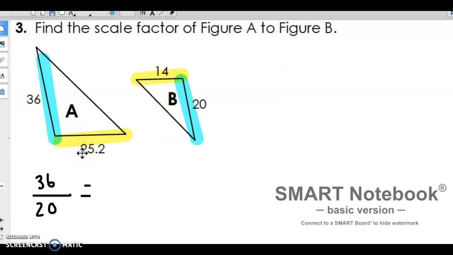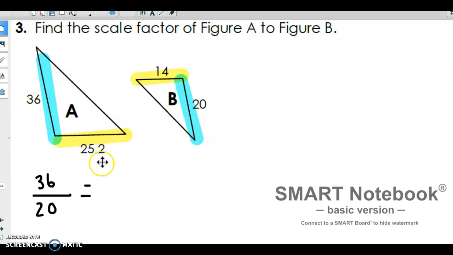Alright, so this one says, find the scale factor of figure A to figure B. So remember, when we're finding scale factor, we're looking at pairs of corresponding sides. So triangle B is kind of rotated here. If you have to imagine turning it so that it lined up and was in the same position as triangle A, when you do that, you see that the side that's 36 and the side that's 20, those two are corresponding.